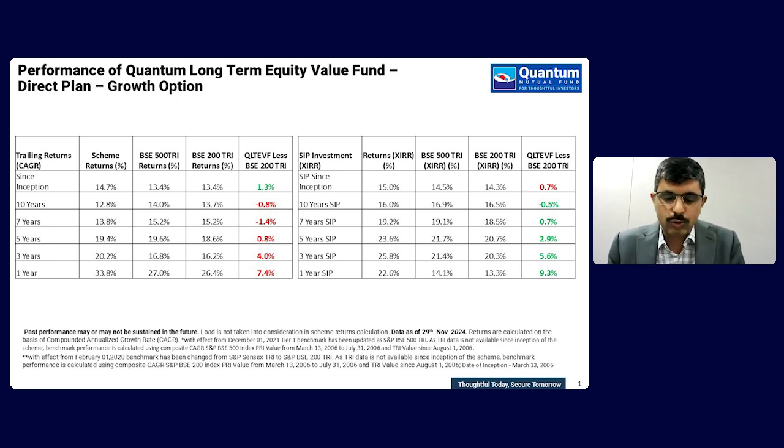minus BSE 200. The reason I have taken BSE 200 is that typically QLTVF tends to be large cap biased for multiple reasons. A prime reason is the liquidity filter, where we require the stocks in the portfolio to trade at least about $1 million turnover every day, which is about 8.5 crore.